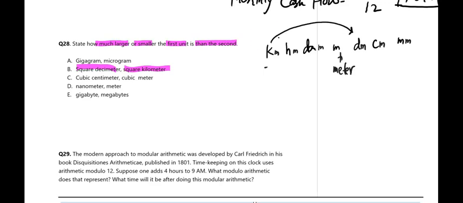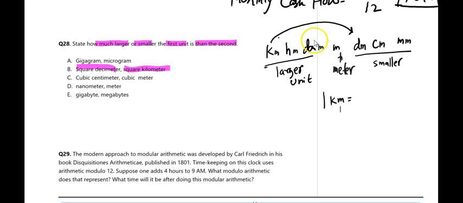Each step is multiplied by 10 to get from kilometer to decimeter. Remember that decimeter is the smaller unit, and kilometer is the larger unit. So I should say 1 kilometer equals 10 times 10 times 10 times 10.